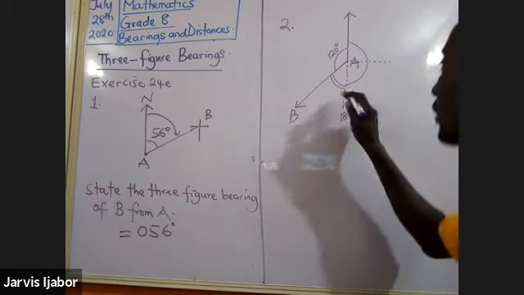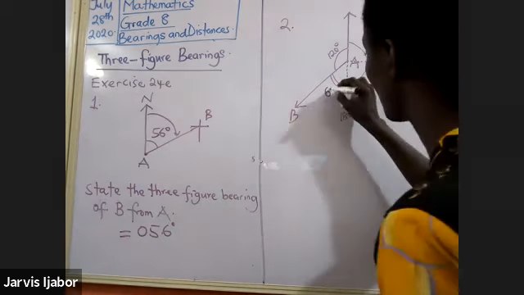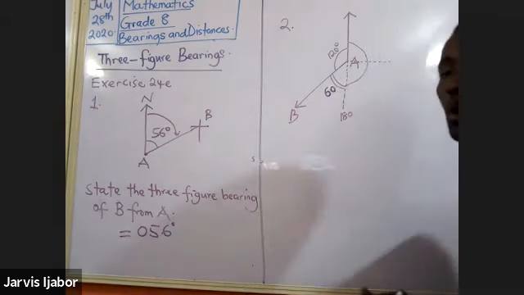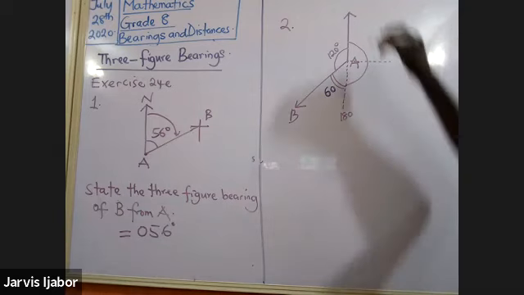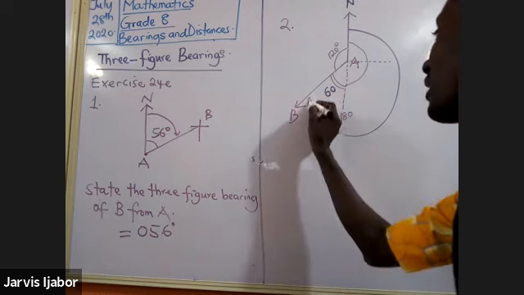So we need to get this angle. This angle is 60 degrees. The space of this angle is 60 degrees. So what would the bearing be? The bearing is due north, run from here to here.